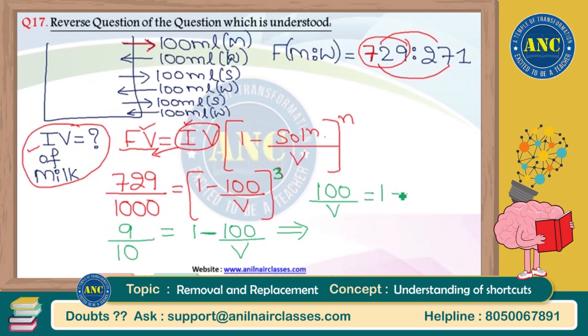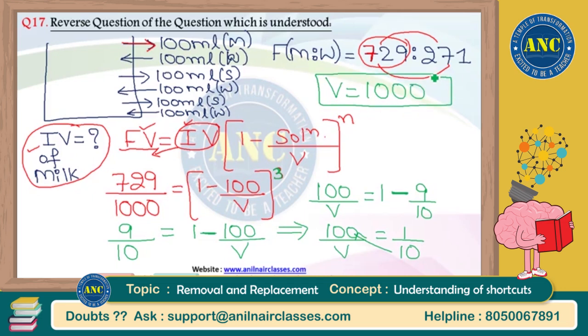Now further simplified, 100 by V is equal to 1 minus 9 by 10, which is nothing but 1 by 10. Cross multiply, you will get the V value as 100 into 10. The V value is nothing but 1000. Initial volume happens to be 1000 for this question. Answer for this question is 1000.